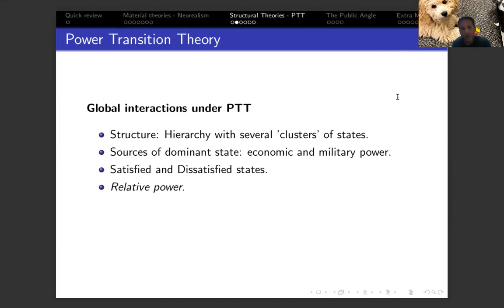A few more pointers about the relative power concept. So the power of a state is determined by its internal growth. And this internal growth leads to constant changes of the relative power of states.